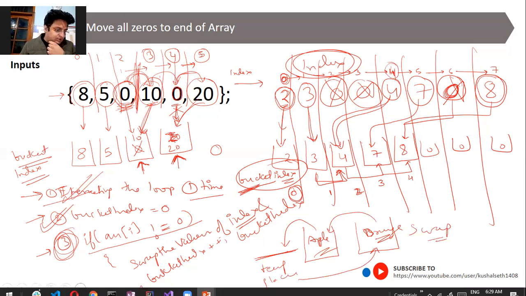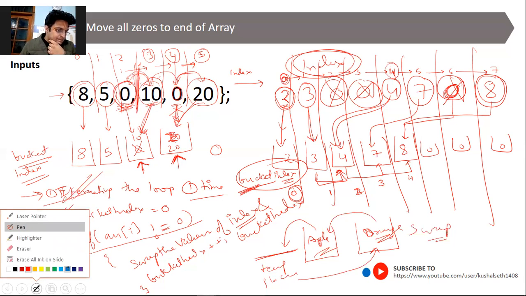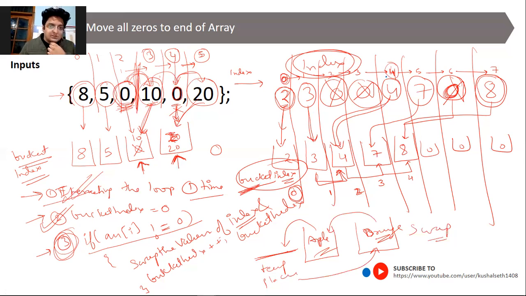Let me check if I can change the color. Sometimes it works, sometimes changing color doesn't work, I don't know. So this is 4. If you observe properly, when my index was 4, we were taking this index value and putting it here.